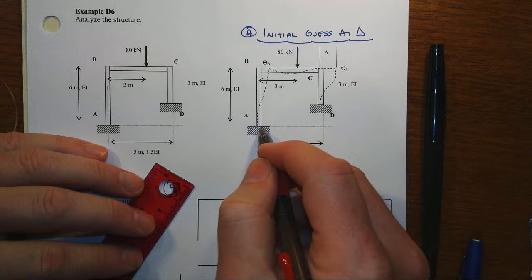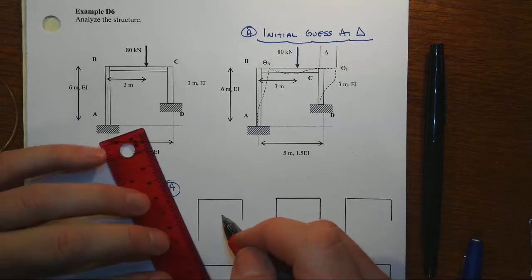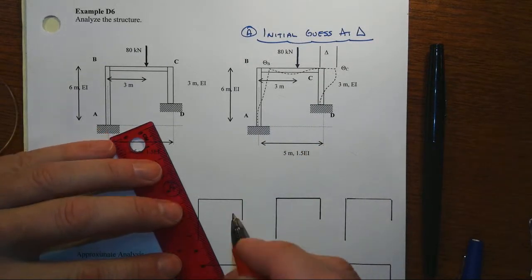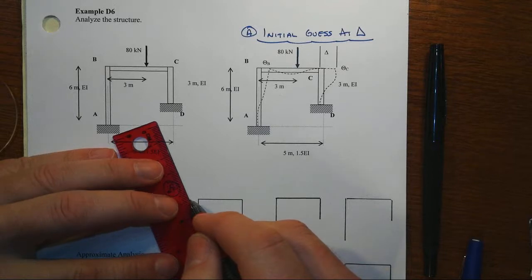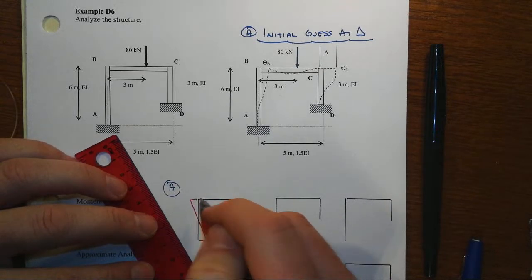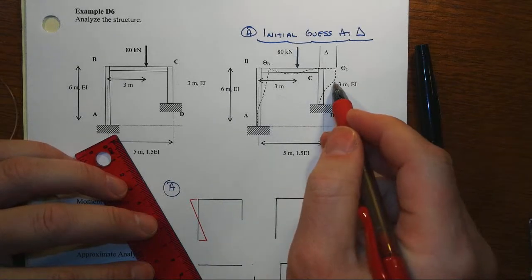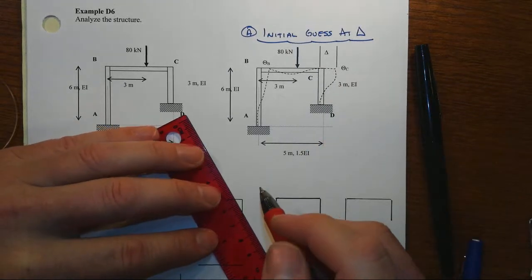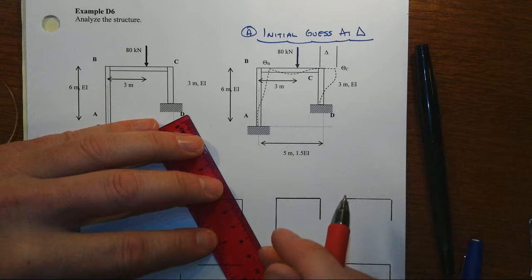If we draw the moment diagram on the compression side of the member, then the left-hand column will have a moment diagram that looks something like this, reversing over, and then likewise for the right-hand column, same kind of S shape.